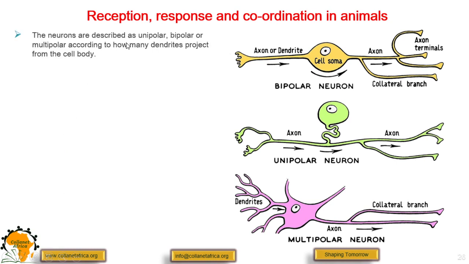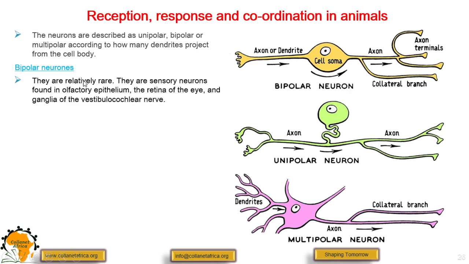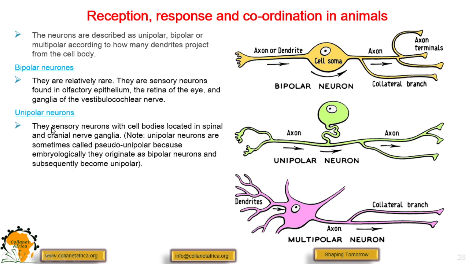Neurons are described as either unipolar, bipolar, or multipolar. Bipolar neurons are rare, and they are sensory neurons found in the olfactory epithelium, the retina of the eye, and the ganglia of the vestibulocochlear nerve. This is a bipolar neuron.